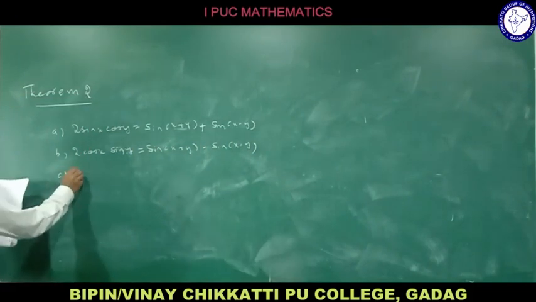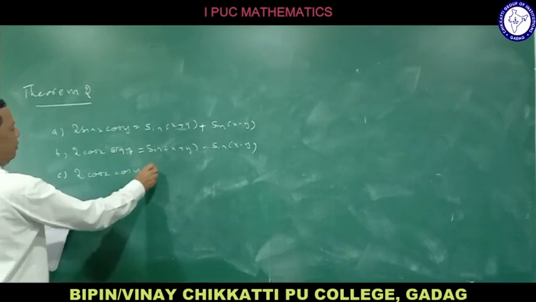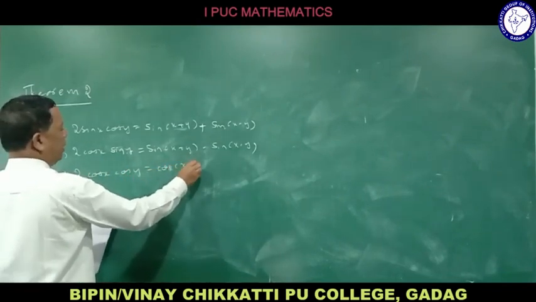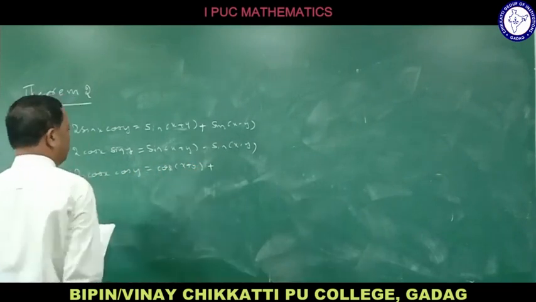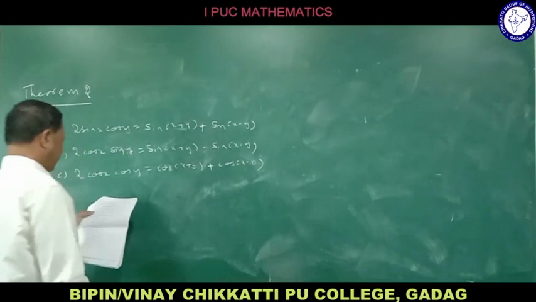Number C, 2 cos x cos y, this is cos of x plus y plus cos of x minus y.